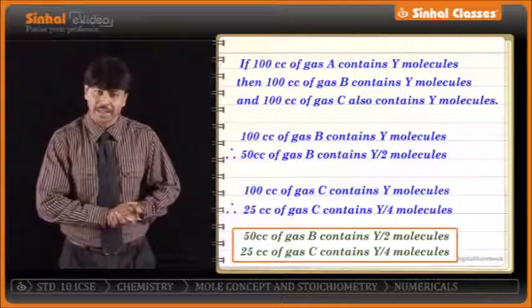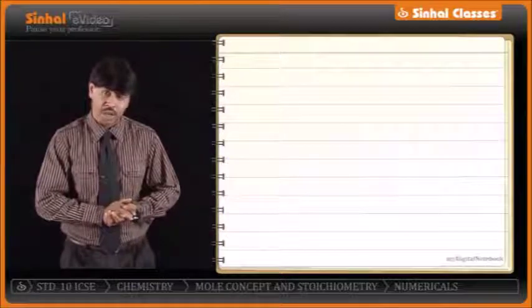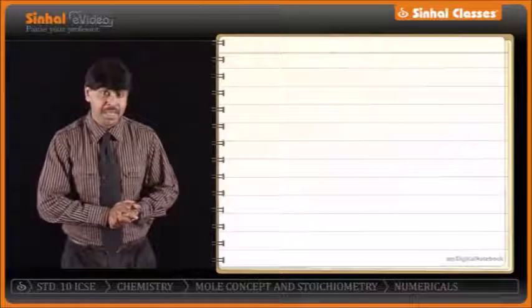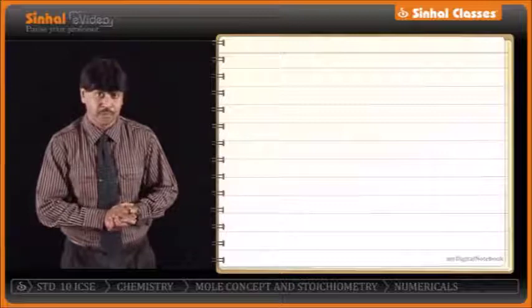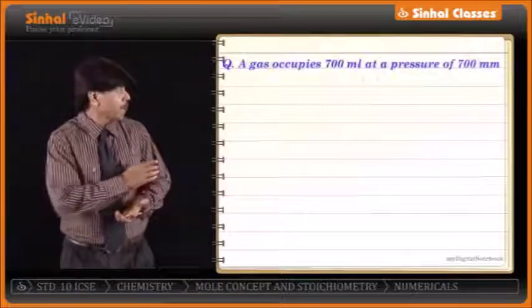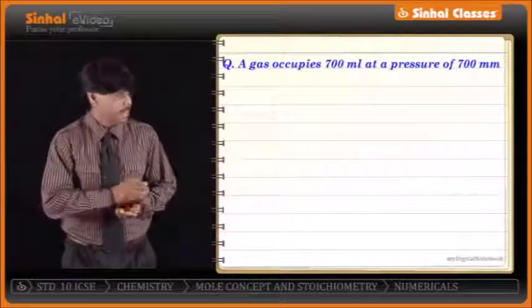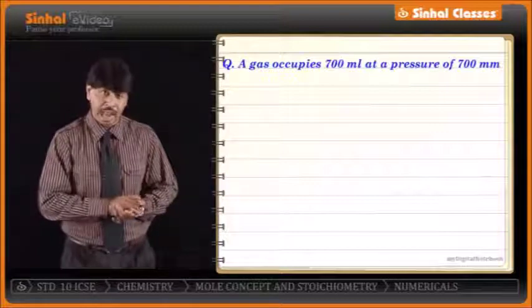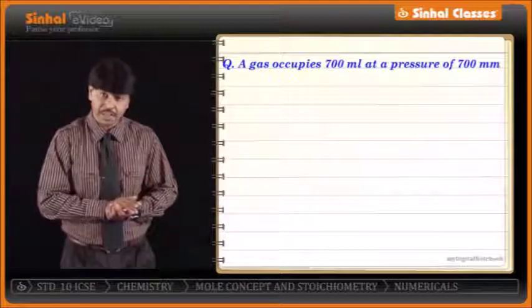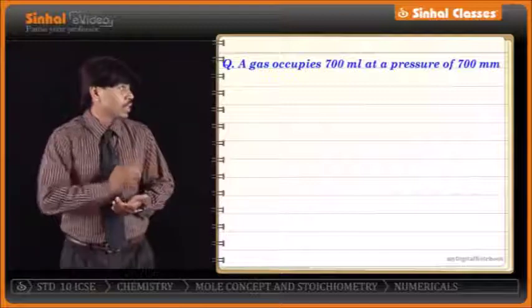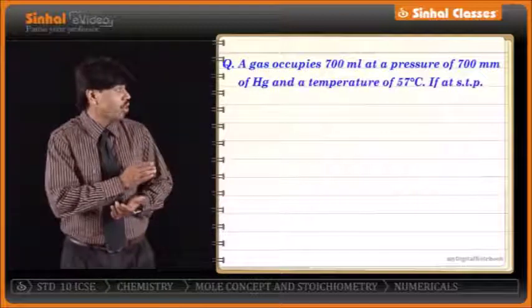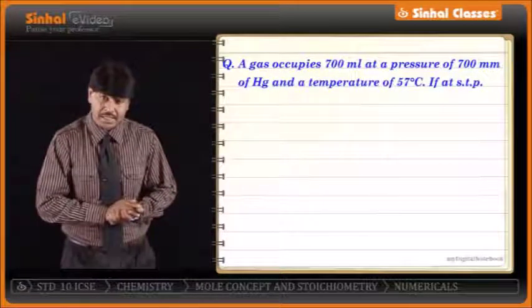Let's take a numerical which involves finding vapor density and molecular weight. The question will be, a gas occupies 700 ml at a pressure of 700 mm of mercury and a temperature of 57 degrees Celsius.